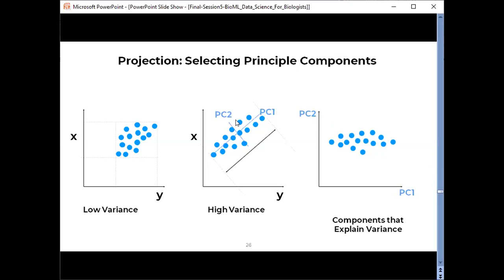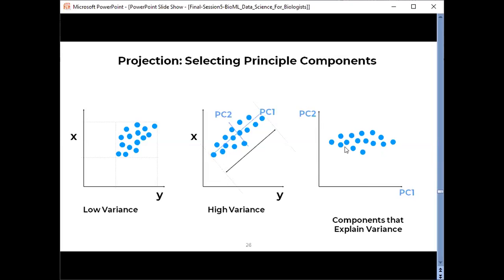And just like in previous examples, we can add another principal component here. We have PC component 1 and PC component 2. If we select the principal components that explain the maximum variance of our data, we can project our samples into this space and visualize our full data. This technique is called principal component analysis.